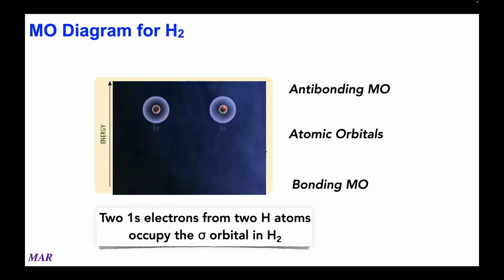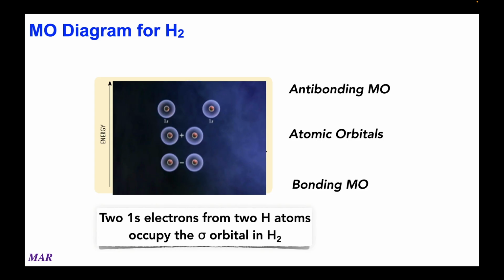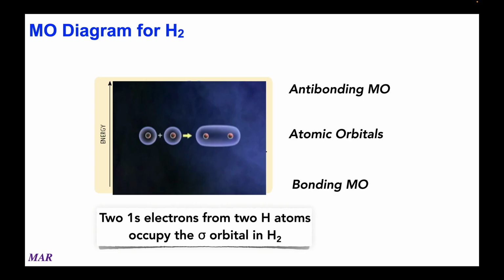Because atomic orbitals are wave functions, they can combine either constructively or destructively. Additive or constructive combination of the two atomic orbitals gives a bonding molecular orbital, while subtractive or destructive combination of the two atomic orbitals gives an anti-bonding molecular orbital.